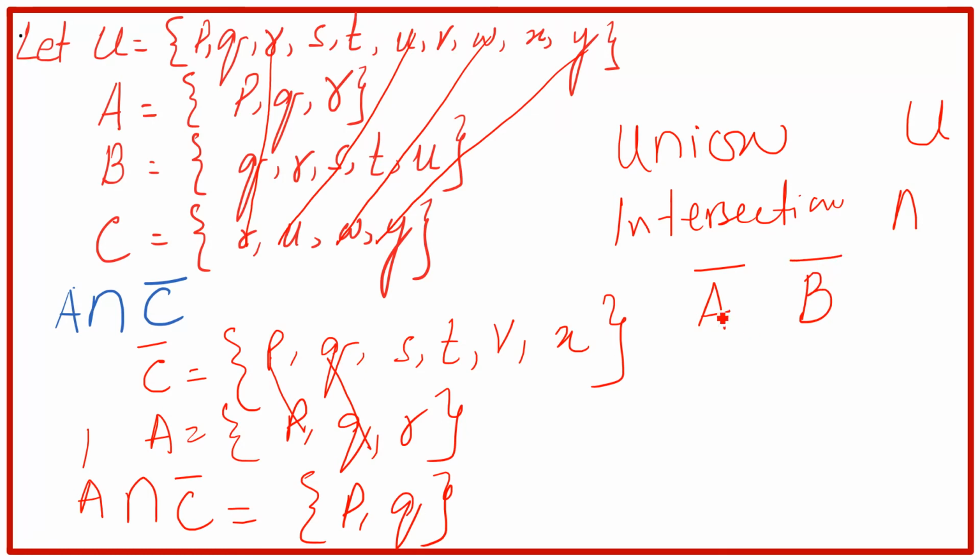And always you have to compare complement with the universal set. Disjoint means if we have two sets and there is nothing common, an empty set, or we will represent it like this, right?